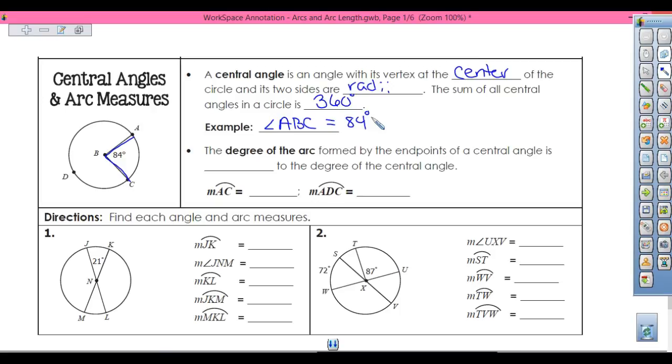Alright, so the arc is just the part that gets intersected by that angle. Okay, so arc measure is equal to the central angle.